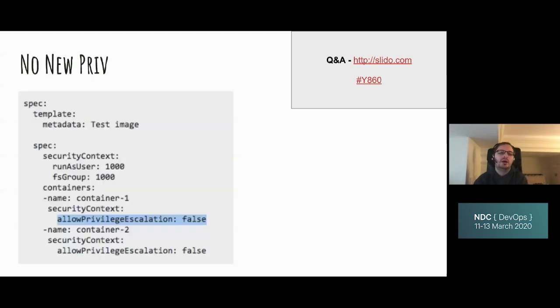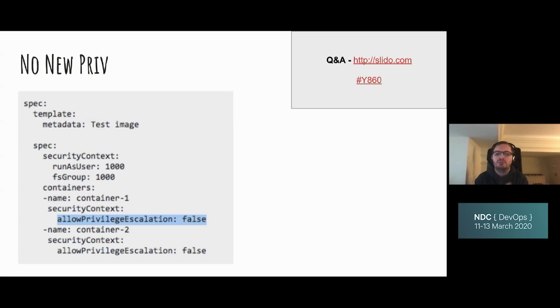But we can make sure there's a limit on how much people can apply. There's a flag called allowPrivilegeEscalation, and I always set this by default. This flag ensures that if you set the user to run as a low privileged user, such as user 1000, which we should all be doing, they can't then do certain things to become a root user, which has full access to everything.